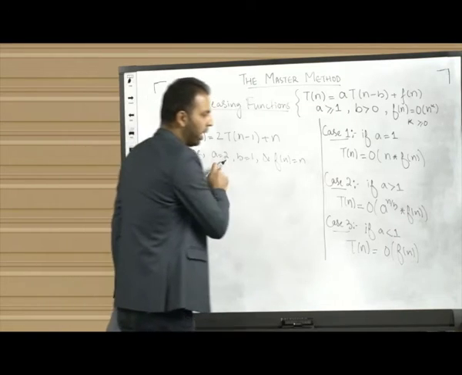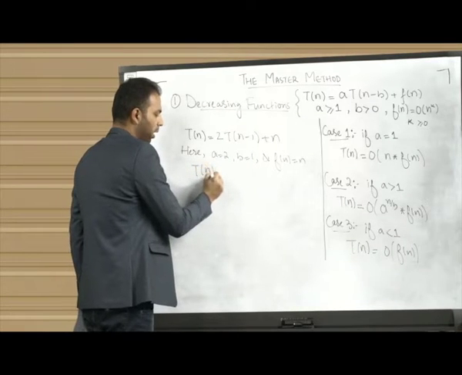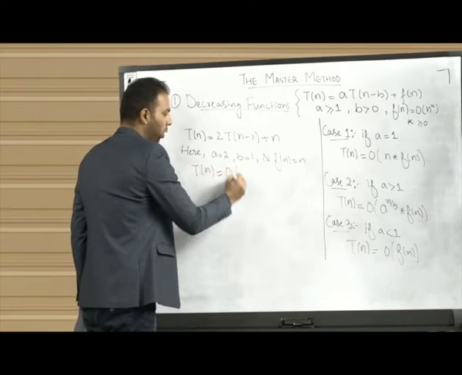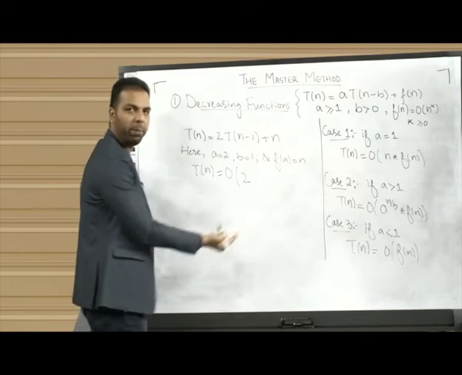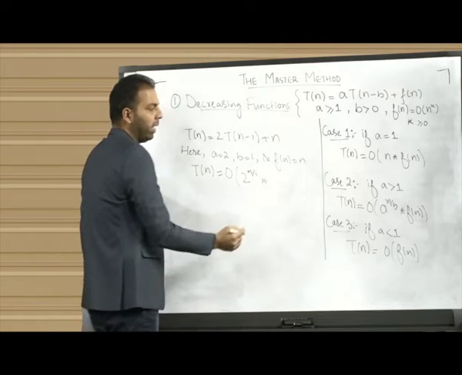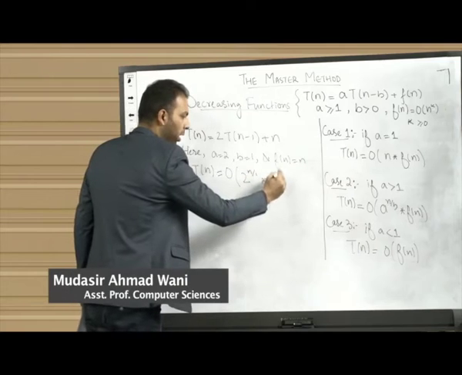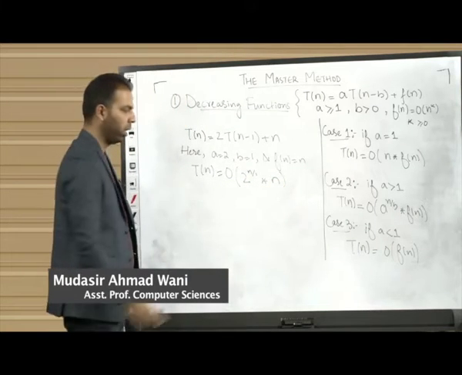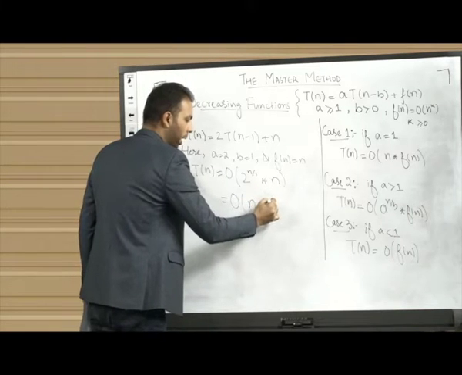So because a is greater than 1, that is case 2, so T(n) will be equal to order of a raised to the power n by b, a is 2, n is n and b is 1, multiplied by f(n), and f(n) is n. Okay. So it will be equal to order of n times 2 raised to the power n.